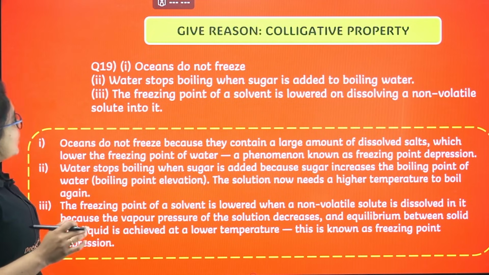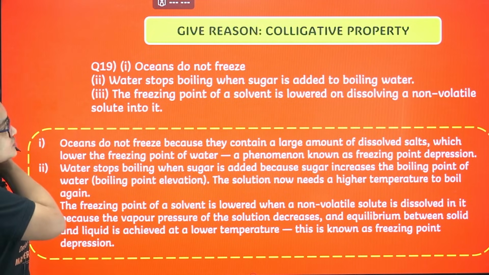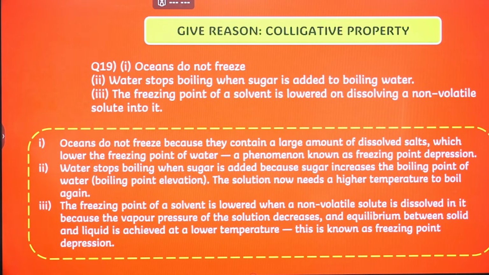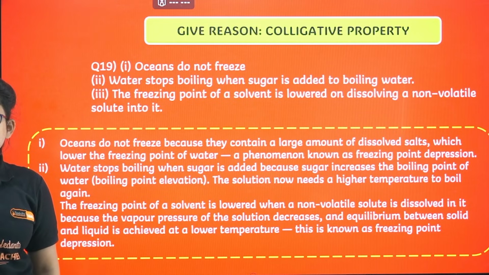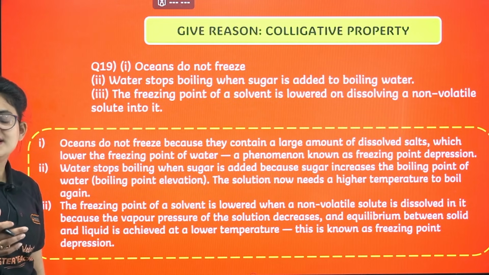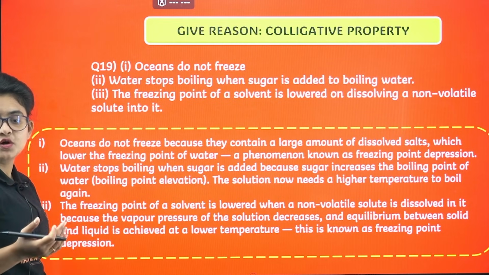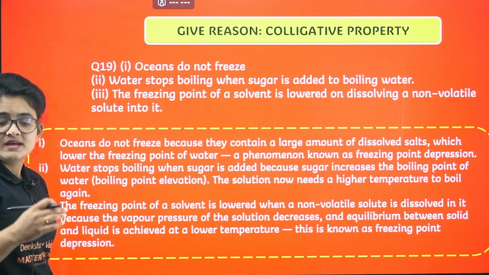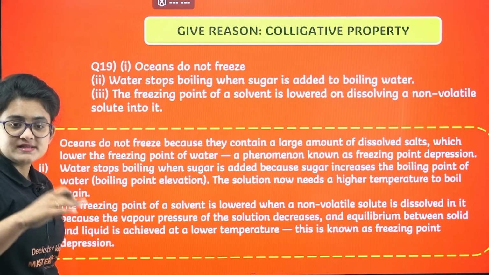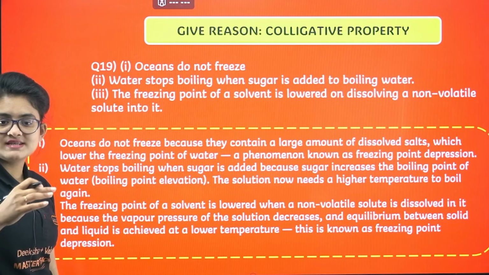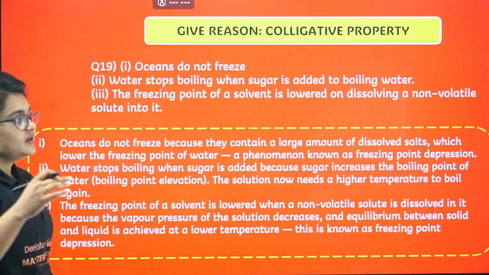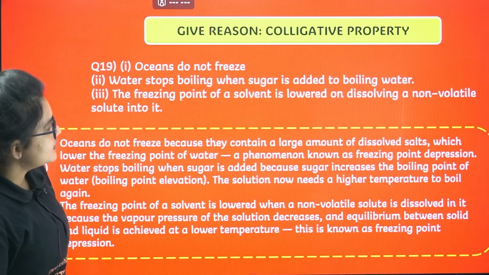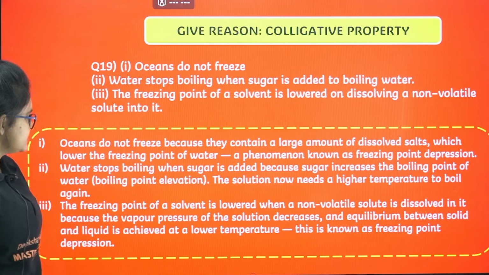Okay, next, water stops boiling when sugar is added to boiling water. Again the same reason: if sugar is added, it increases the boiling point of the water, elevation in boiling point takes place, right? So the sugar water solution boils at a higher temperature. Okay, next, the freezing point of a solvent is lowered on dissolving a non-volatile solute in it.